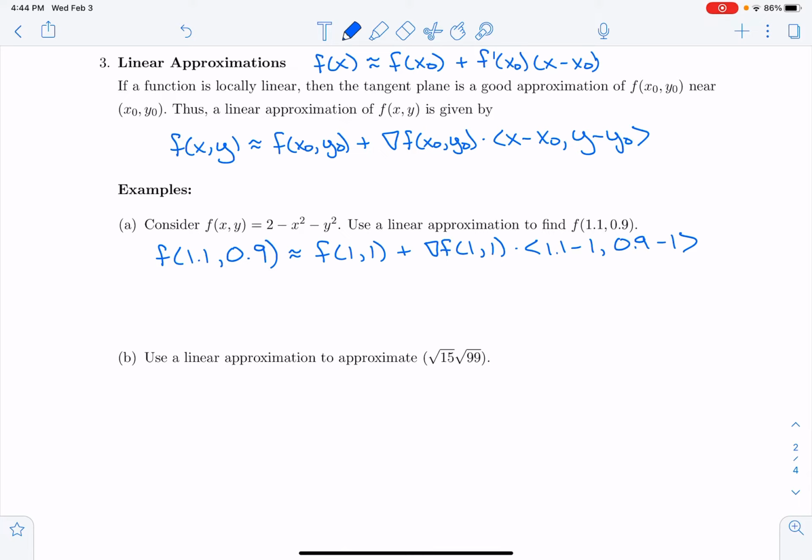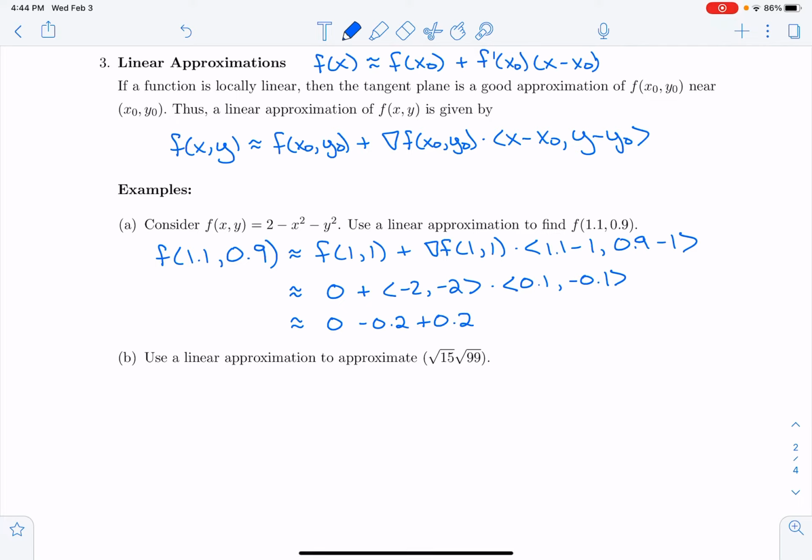So previously we saw that f of 1, 1 is 0. The gradient of f at 1, 1 was negative 2, negative 2. And then that's going to get dotted with 0.1, negative 0.1. And so here, this is going to be approximately 0 minus 0.2 plus 0.2.